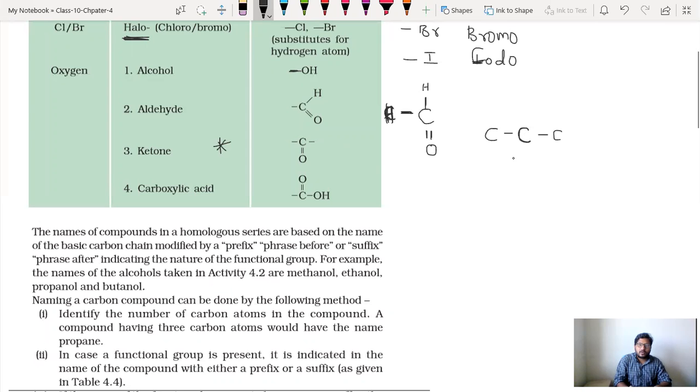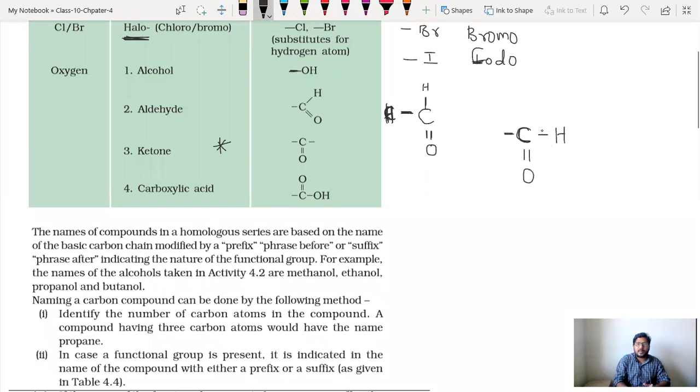For the middle carbon, double bond O should be represented. You may doubt, sir, in the textbook there are gaps on this side and this side, and I can fill hydrogen there, right?